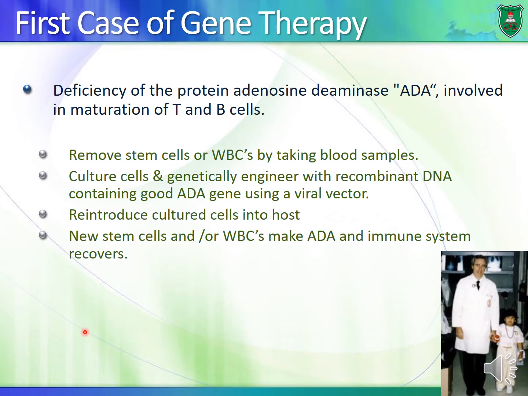Now, later on, many attempts were done. Success was variable, and I do remember about 10 years ago there was a clinical trial for gene therapy done in Philadelphia, and it was terminated because the patient was injected with too many viral particles.